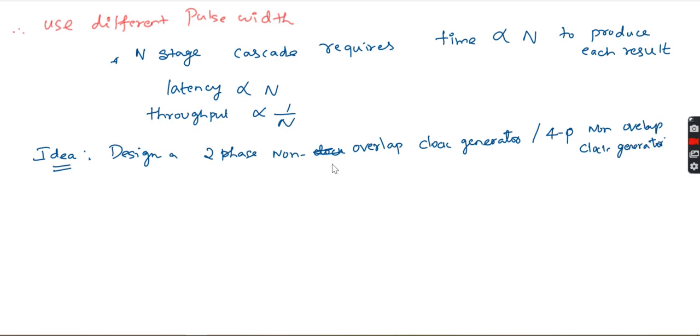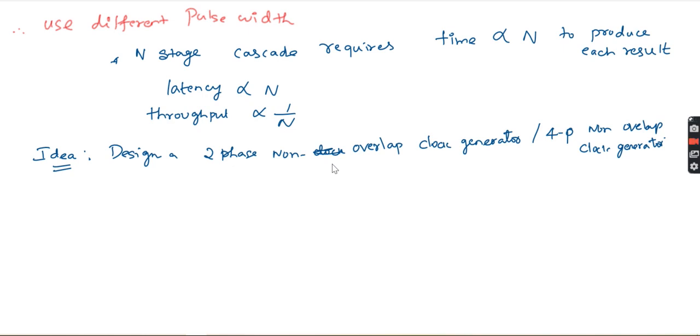Next, the latency is proportional to n, but the throughput, meaning the number of outputs produced within a fraction of time, is 1 by n actually. You can see the throughput is getting reduced. The latency is okay, but what about the throughput?